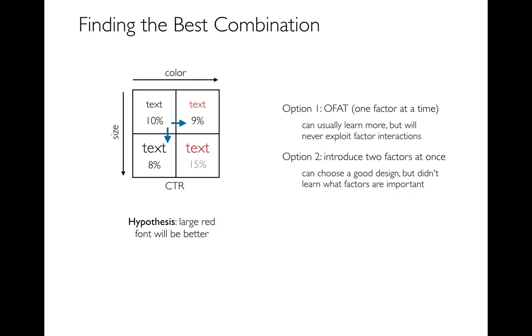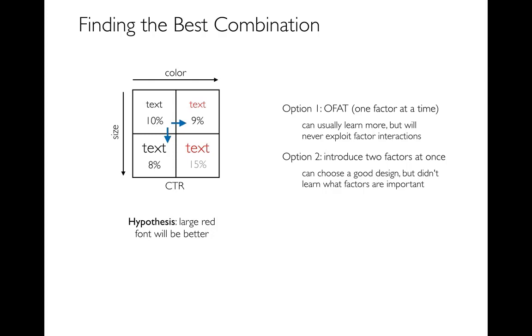The disadvantage with one factor at a time is that there might be interactions between these factors. It's very possible that changing to red text makes it worse, changing to large text makes it worse, and only when you do both of these things at the same time do you actually get the benefit, right? So in that case, I maybe go up to 15%, whereas just doing one of these other things would drop me to either 9 or 8, right? So there are these trade-offs that I have to think about.